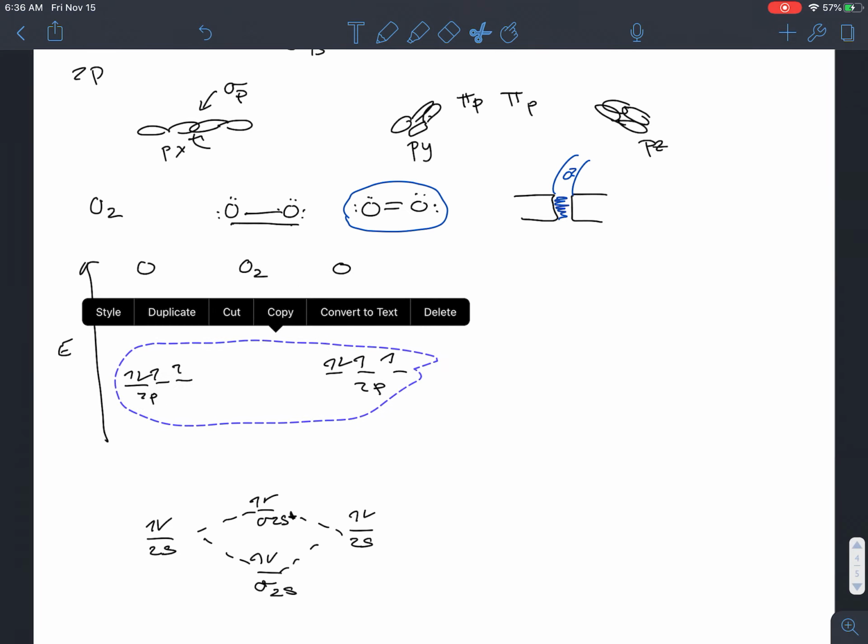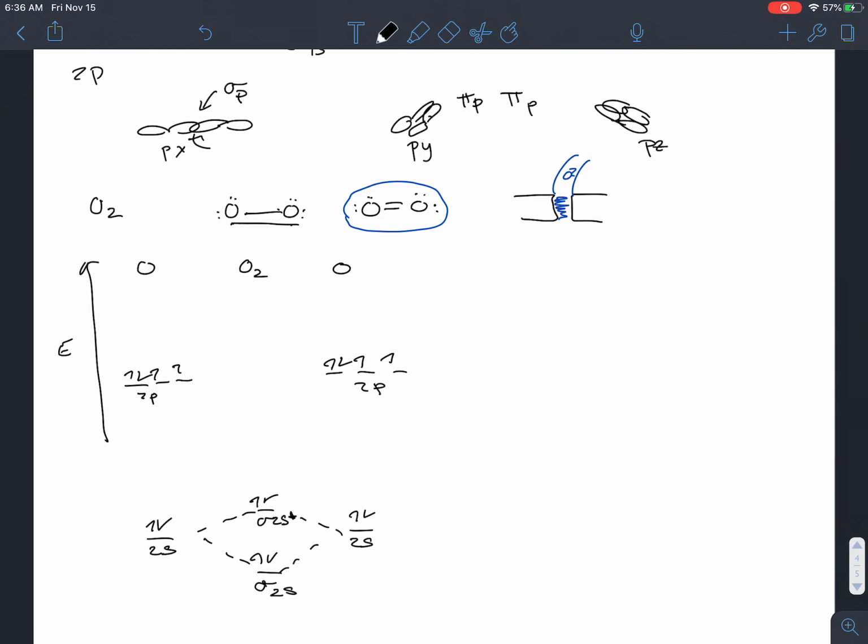Now the trick here, I'm actually going to move this down a little bit to have some more room, is the placement of the p orbitals. So sigma is lower in energy than pi. It's more stable because of that direct collision and that direct combination, and there's a lot of electron density right there in the middle.